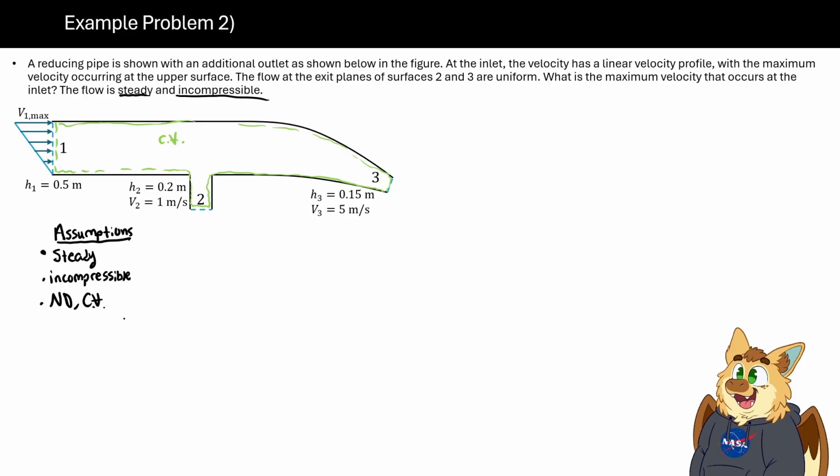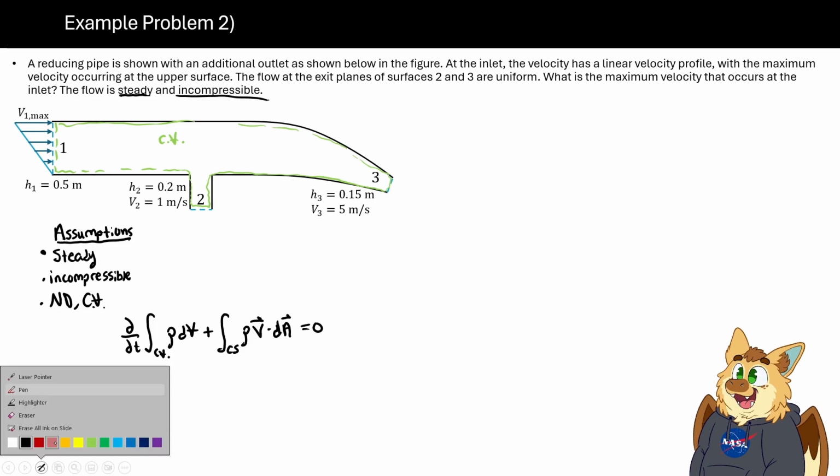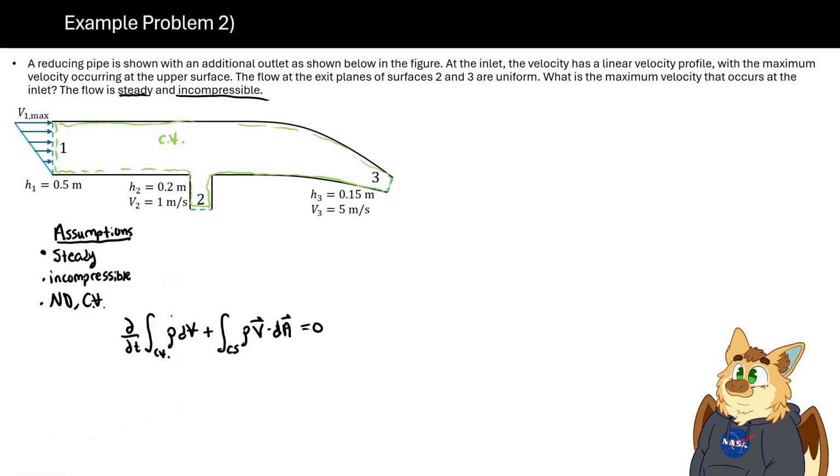So let's start off with the continuity equation. Let's write it out. Del over del t of the integral over our control volume of rho dV plus the integral over the control surface of rho times velocity dotted with dA equals 0. Let's start crossing some stuff off. For incompressible flow, density comes out, and we can divide density out on both sides, which basically eliminates it from our relationship.